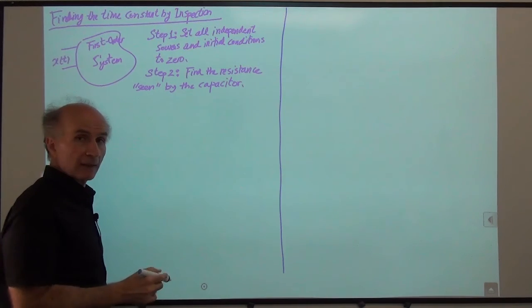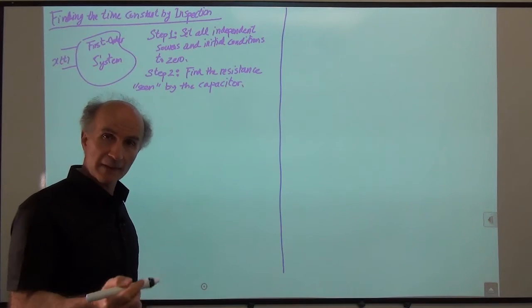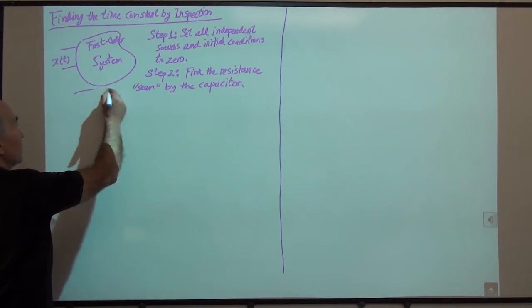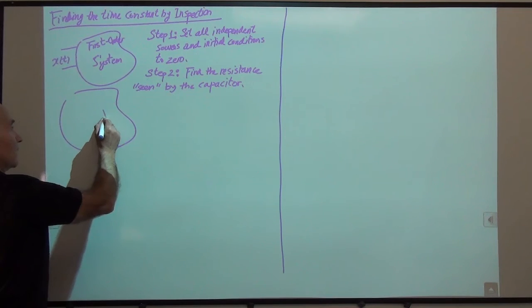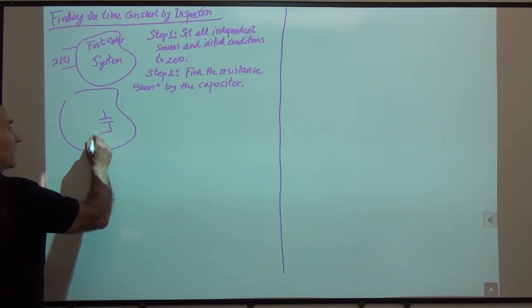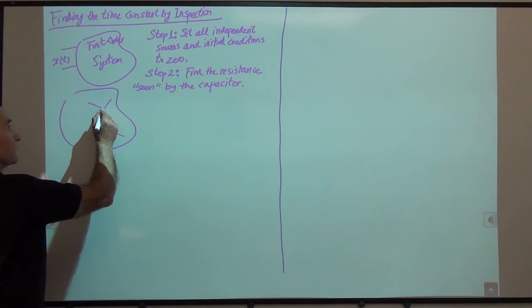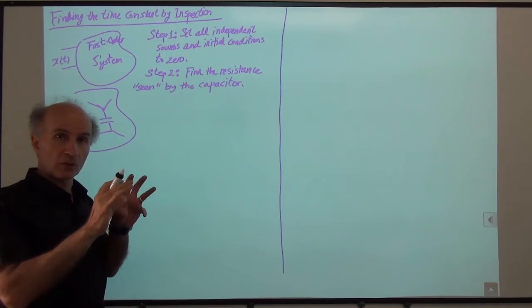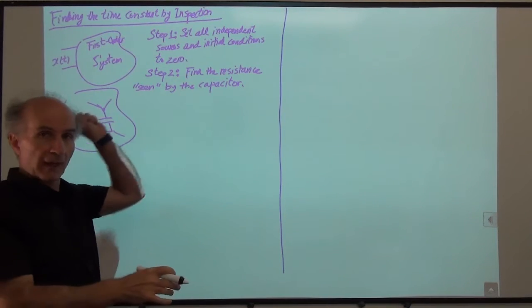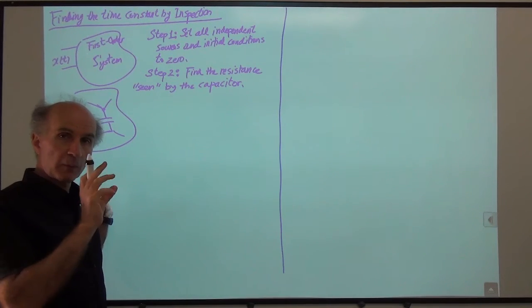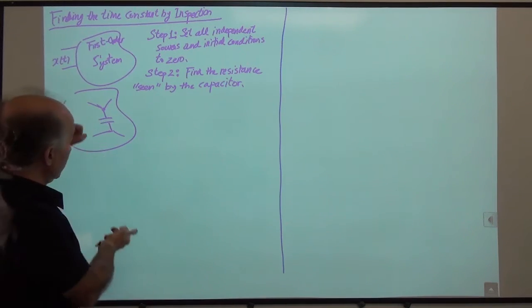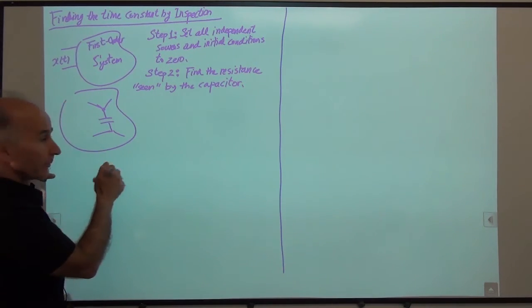So we want to find the resistance that the capacitor sees. What does it mean? We set everything to 0. So here's our circuit. There's a capacitor here, and it's connected to the rest of the world, right? To find the resistance that this capacitor sees, we take the capacitor out, we replace it with a voltage source, apply voltage, measure the current. That's the resistance that we see between these two nodes.